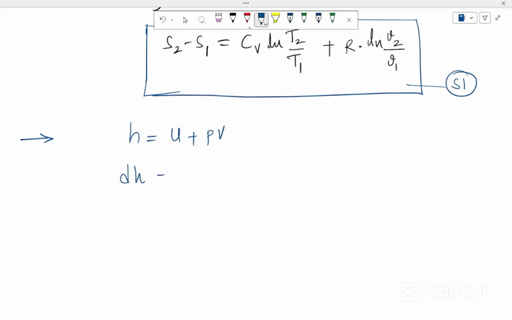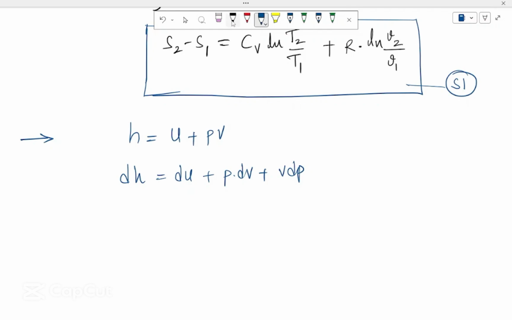So dH is equal to dU plus, since PV is a product of two terms, (uv)' is u'v plus v'u, so I write it as PdV plus VdP.